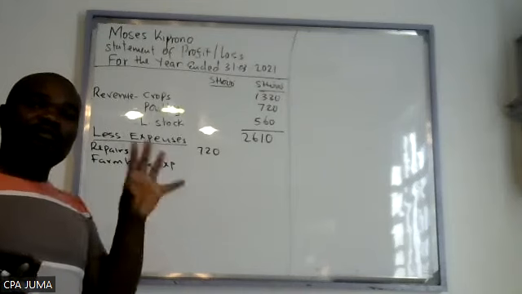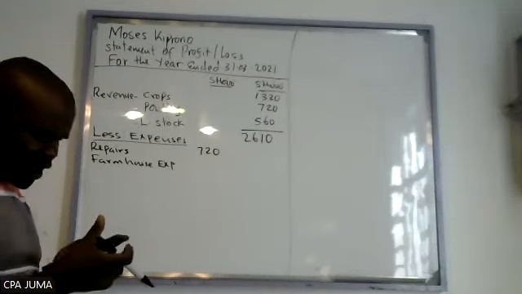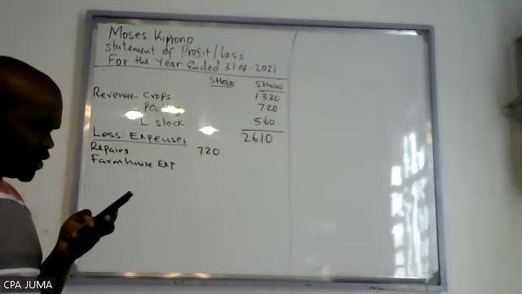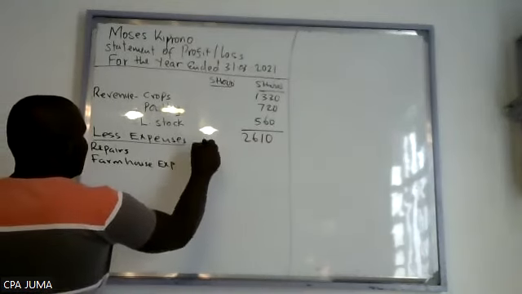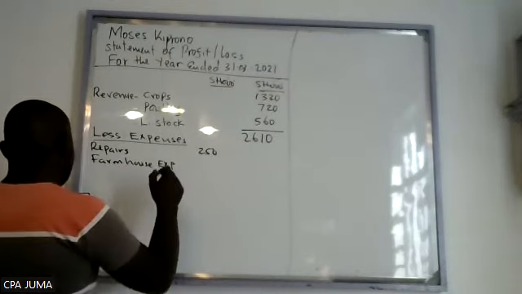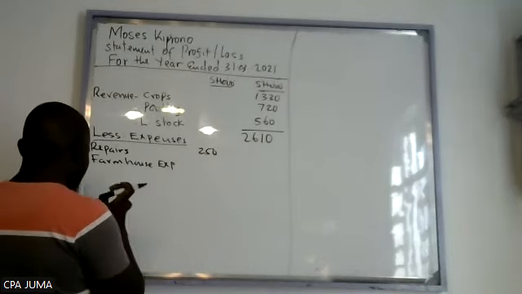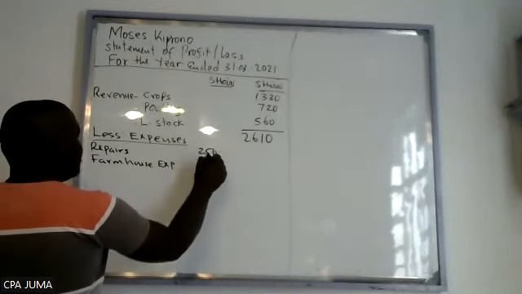So any expense for the farm goes to the general. That one you have taken into account. So I'm told repairs is 250. Okay? So repairs 250. Then farmhouse expenses come to 180.